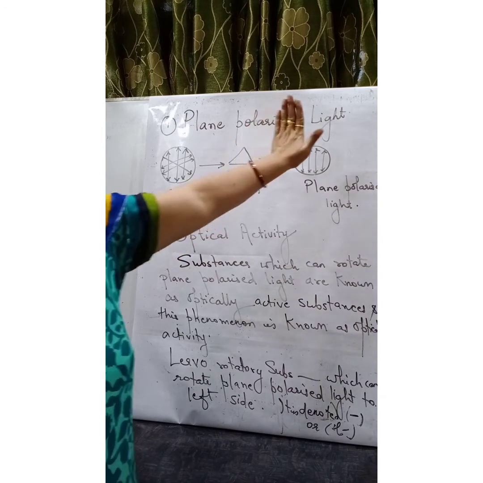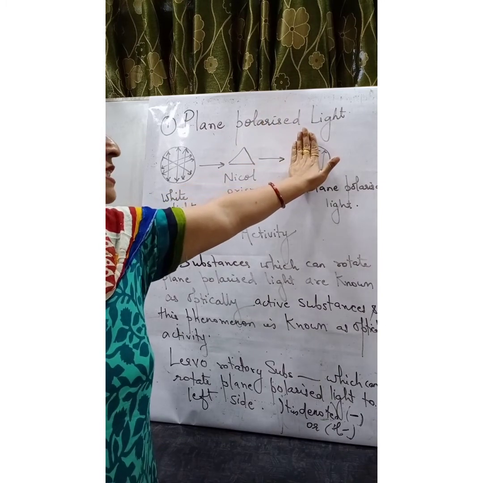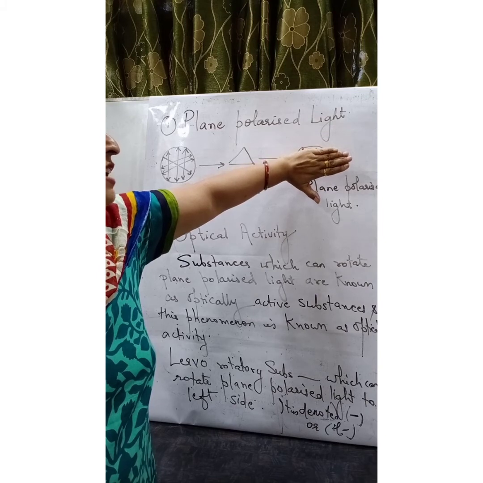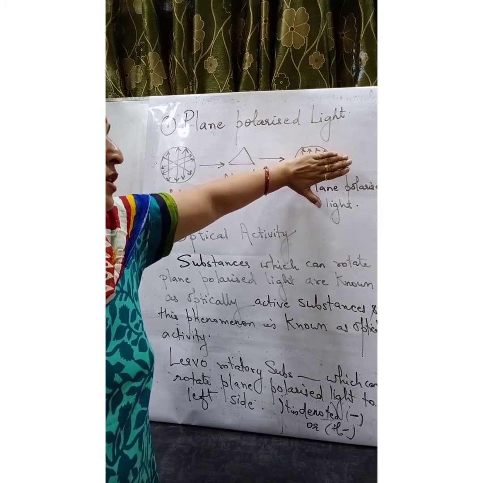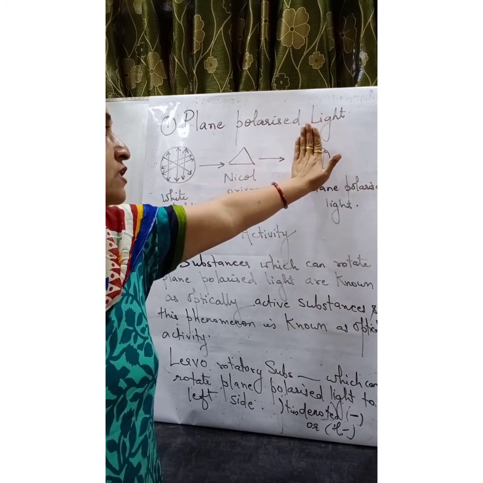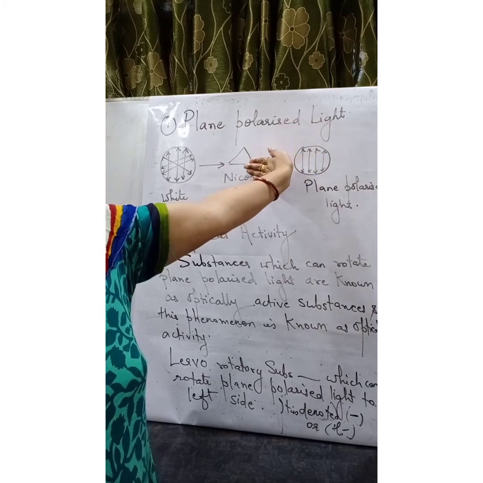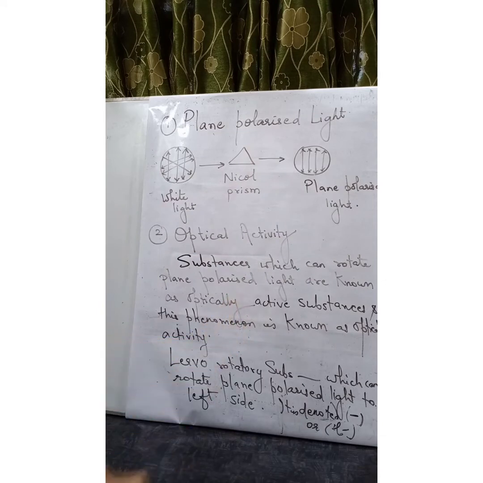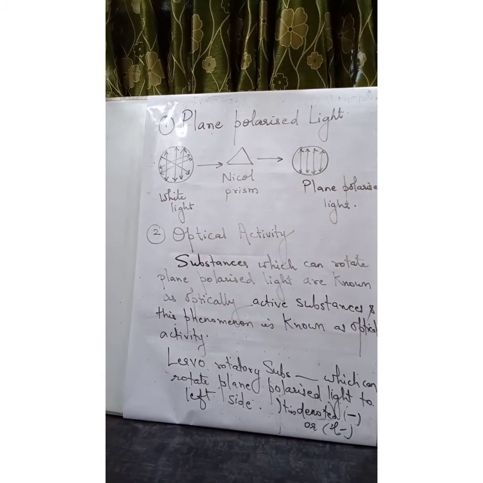So this is plane polarized light. Substances which can rotate this plane polarized light towards right hand side is dextrorotatory. Substances which can rotate plane polarized light towards left hand side is known as levorotatory substances.